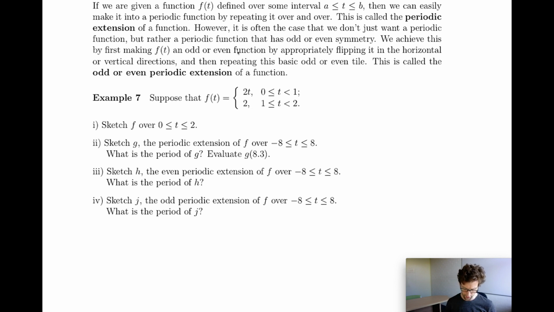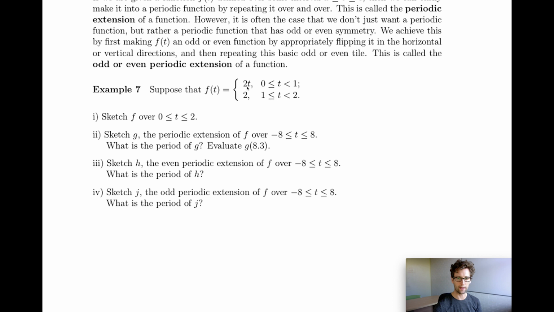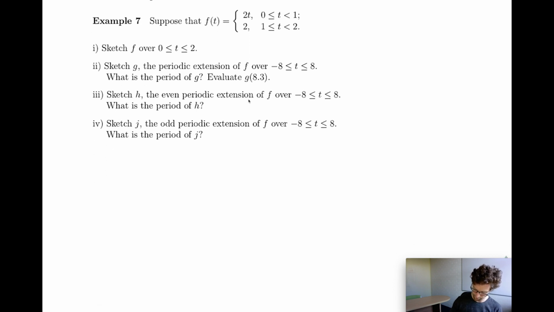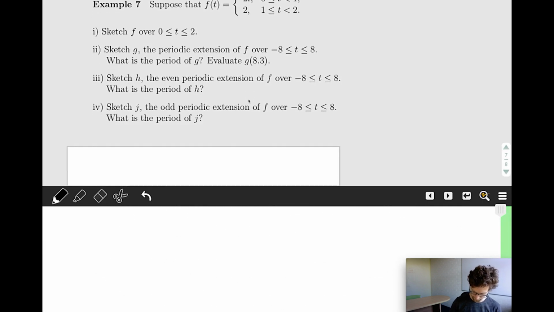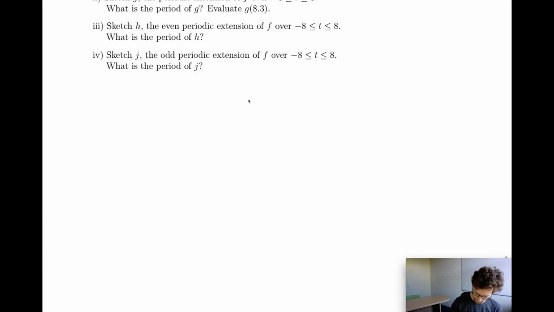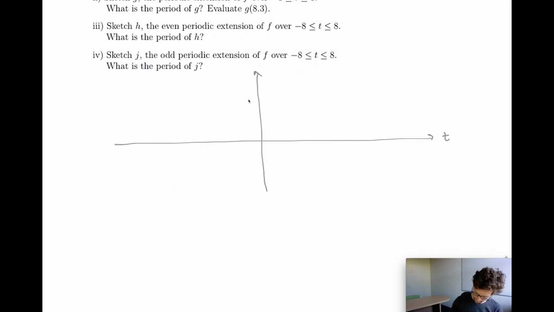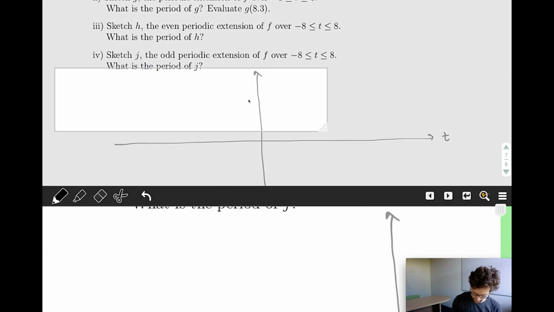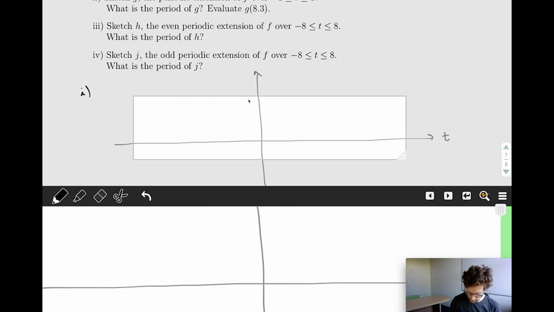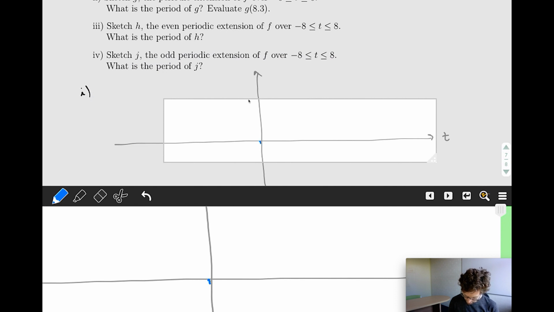So imagine we have a function that's defined in the following way. Between 0 and 1, it's equal to 2t, and between 1 and 2, it's equal to 2. So first of all, let's sketch that piecewise continuous function. So this function is defined between 0 and 2.